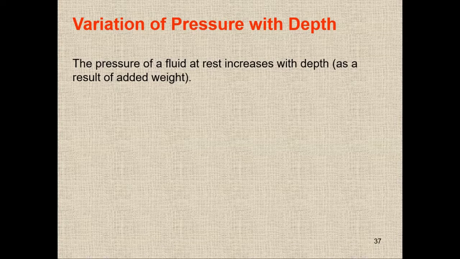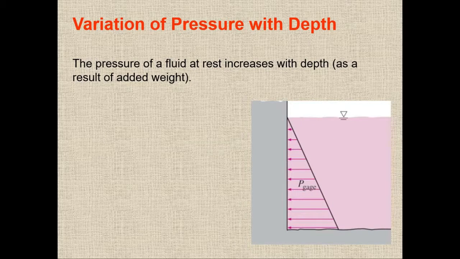So here the pressure of a fluid at rest increases with depth as a result of added weight. So pressure will increase if you're moving downside. Here you can see this is a level. Normally we use this symbol for the top surface of the water or any fluid.